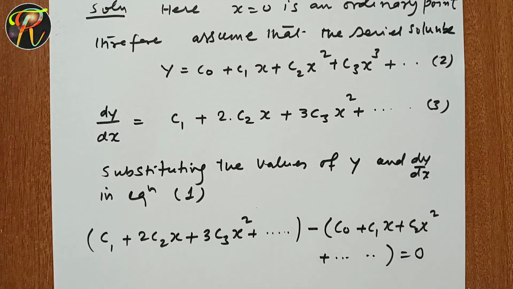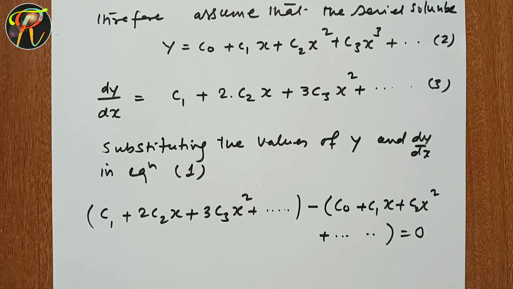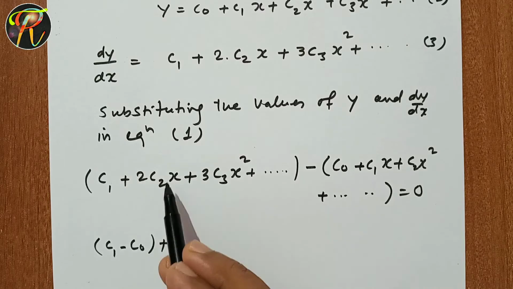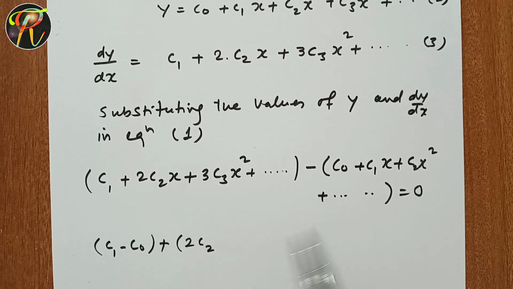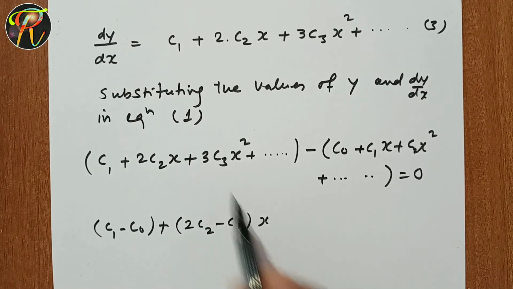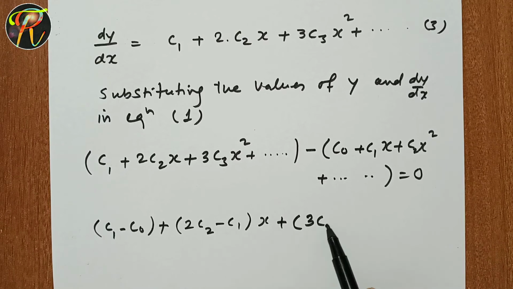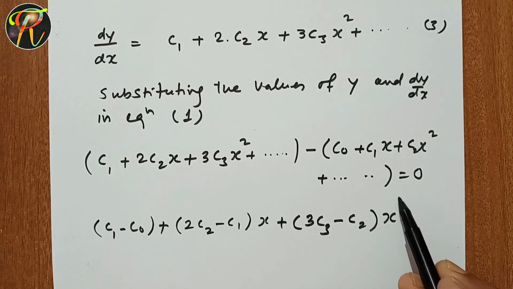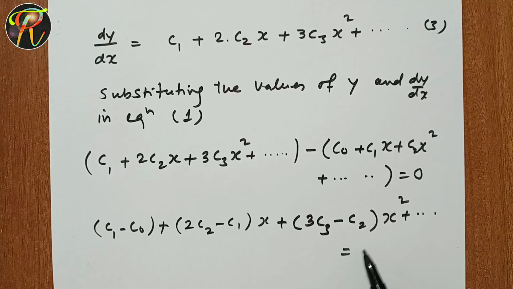equal to 0. So now our aim is that we collect terms of the same power of x. Here the constant is c1 minus c0, plus the coefficient of x, so 2c2 minus c1 into x, the coefficient of x square, so plus 3c3 minus c2 into x square plus up to so on, this is equal to 0.